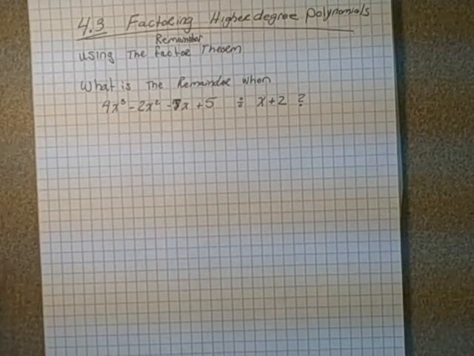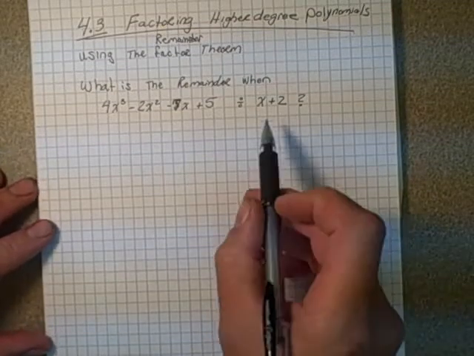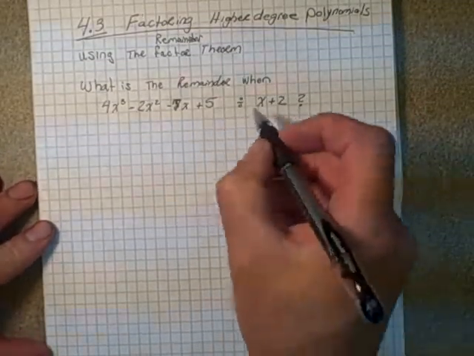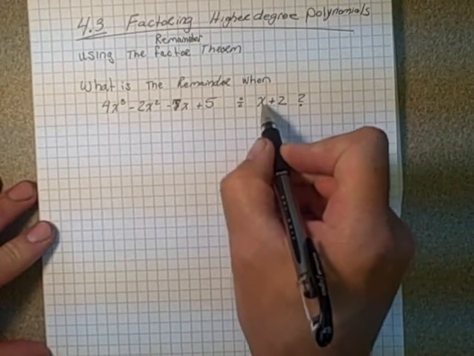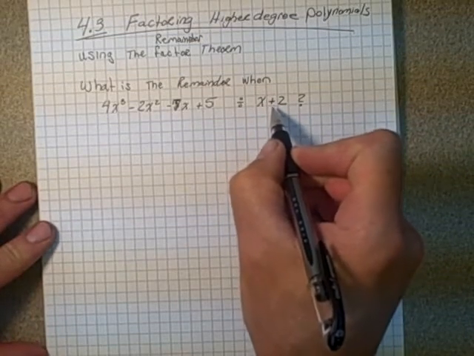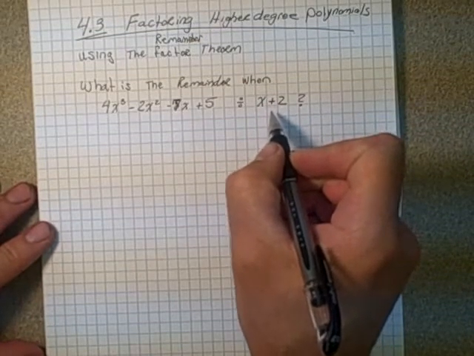So let's do that example first. Remember that you're always going to use the opposite sign of the number that's with this binomial when you're doing this remainder theorem idea.